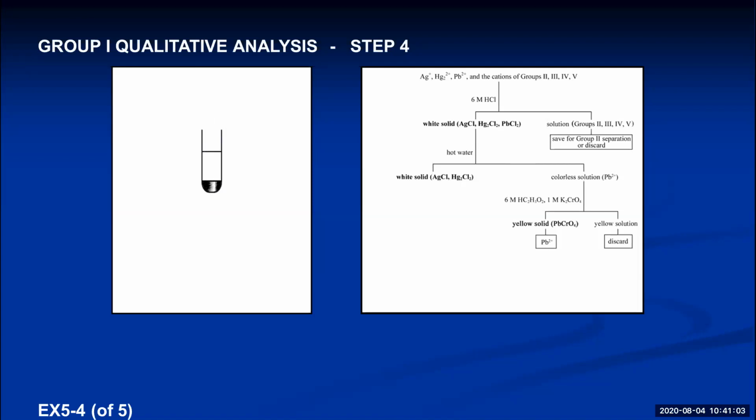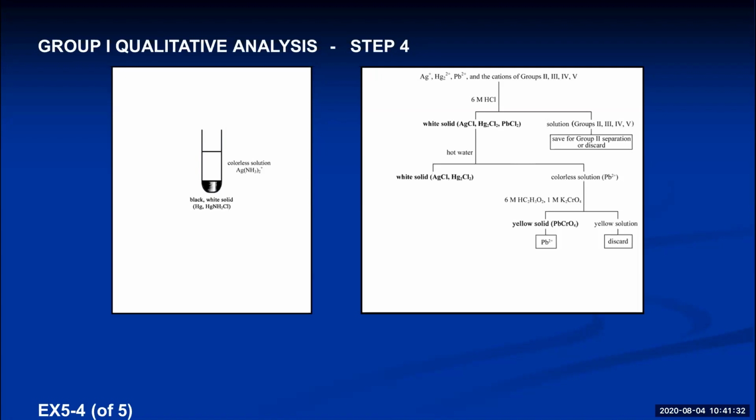So when the ammonia is added, if both are present, what you'll see is a solution at the top, and that clear solution at the top will contain the dissolved silver ions bonded to the ammonias in the form of Ag(NH3)2+. At the bottom, you will see a black or white or combination of the two solid, because the black would be the result of any elemental mercury, and the white solid would be the precipitate HgNH2Cl.